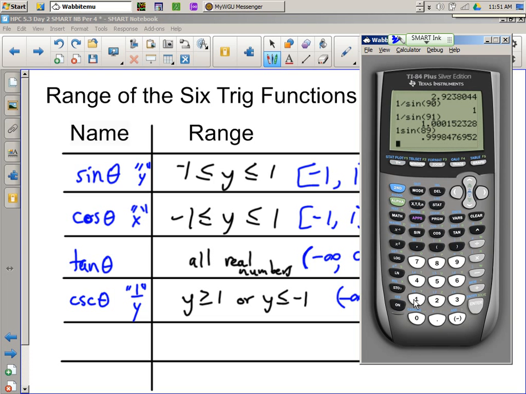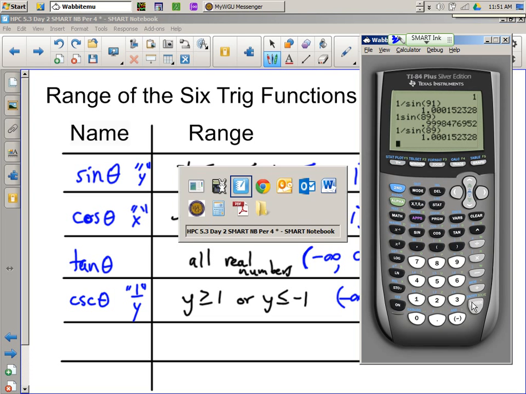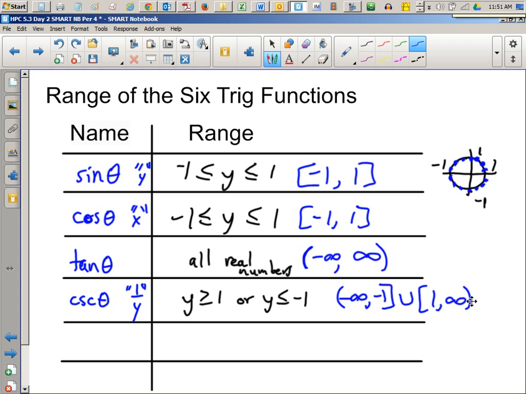I meant to type 1 over sine 89. There we go. 1.001. So you cannot get a number between -1 and 1. You're not going to get a number between -1 and 1. Exclusive.